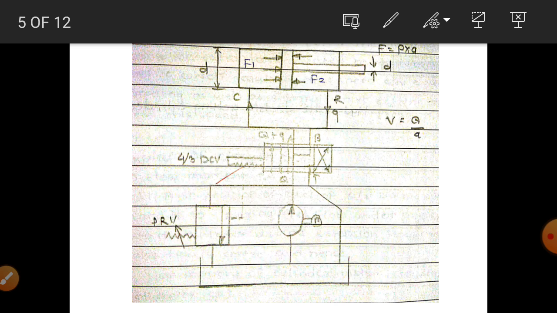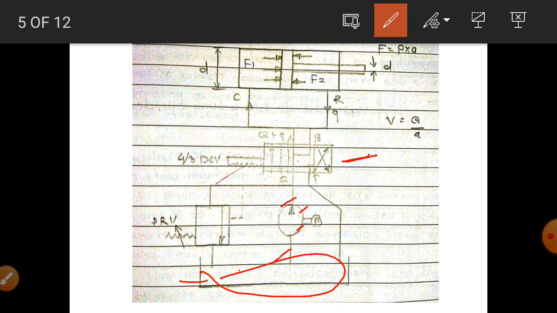In the circuit diagram, as all of you know, this is a tank. It is also known as a reservoir. After that we connect the pump, this is the symbol of the pump. After that we use a directional control valve, a 4/3 directional control valve. This line is a suction line.